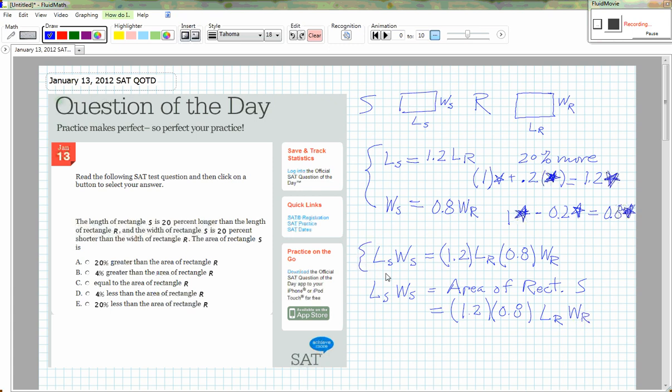This is the definition of area, and this right here is the area of rectangle R. Length of R times the width of rectangle R.